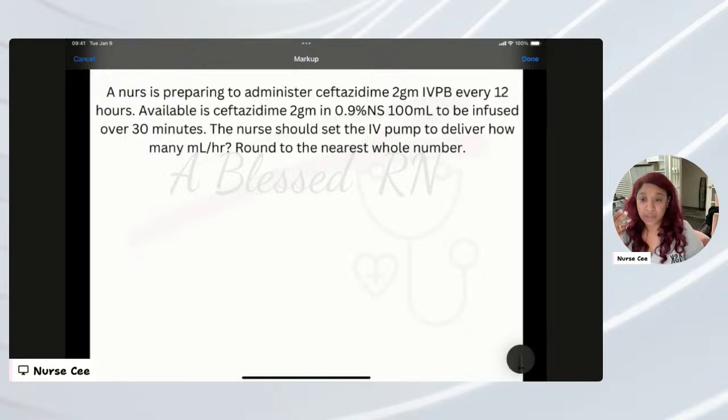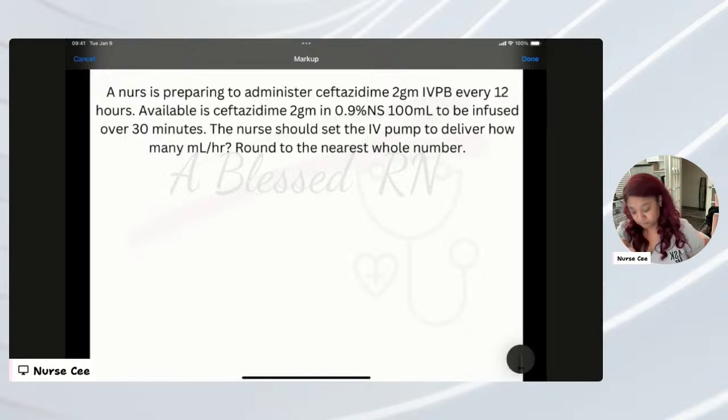If you see something that says every in front of it, that means it's the frequency, which is how often you give a dose. Is this asking how often you need to give this IV? No, it wants to know how fast it has to go into the patient's veins. So you are looking for the phrases to be given in, to give over, to be infused in. Those are the words you're looking for when it comes to the time.